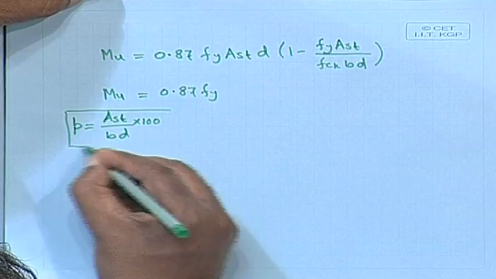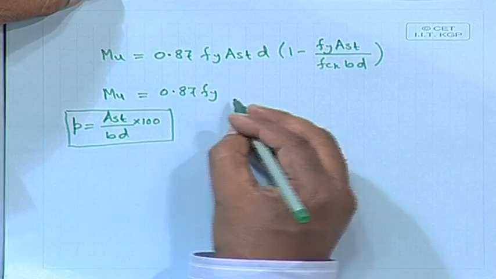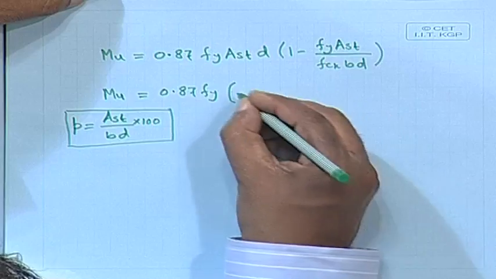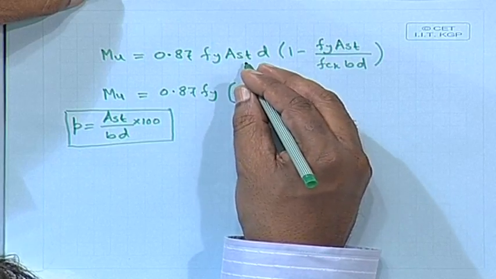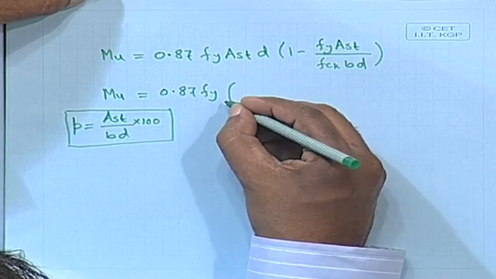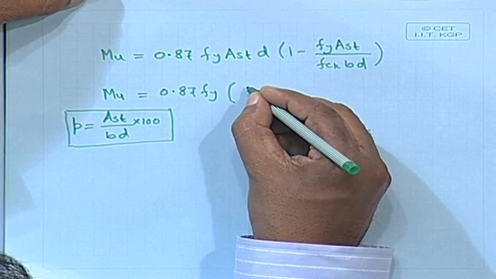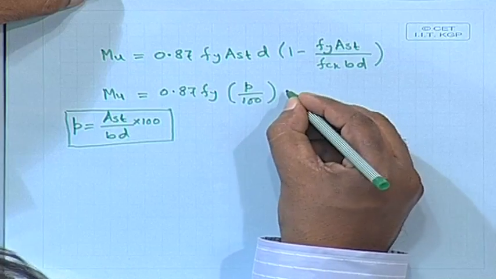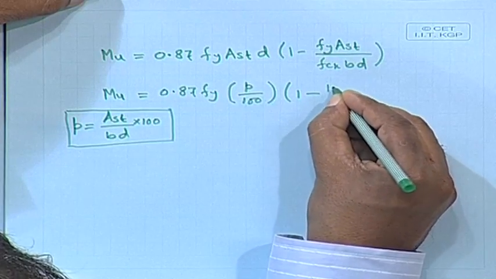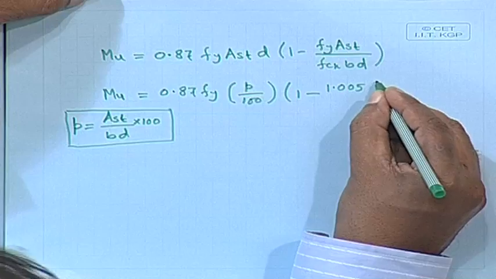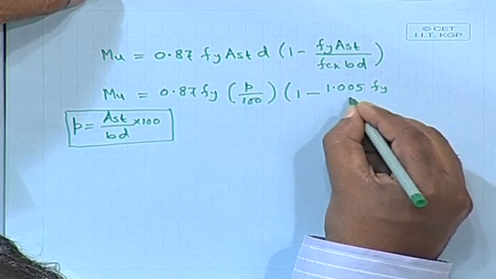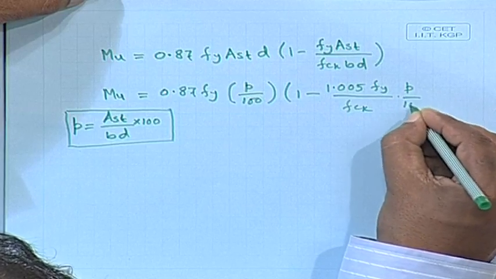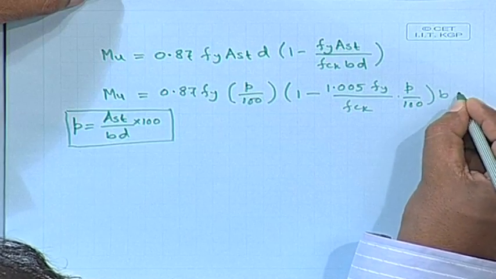This is our percentage of steel. So, we can write down Mu equal to 0.87 Fy AST, we can put it from here, P by 100, times 1 minus 1.005 Fy by Fck P by 100, B d square.